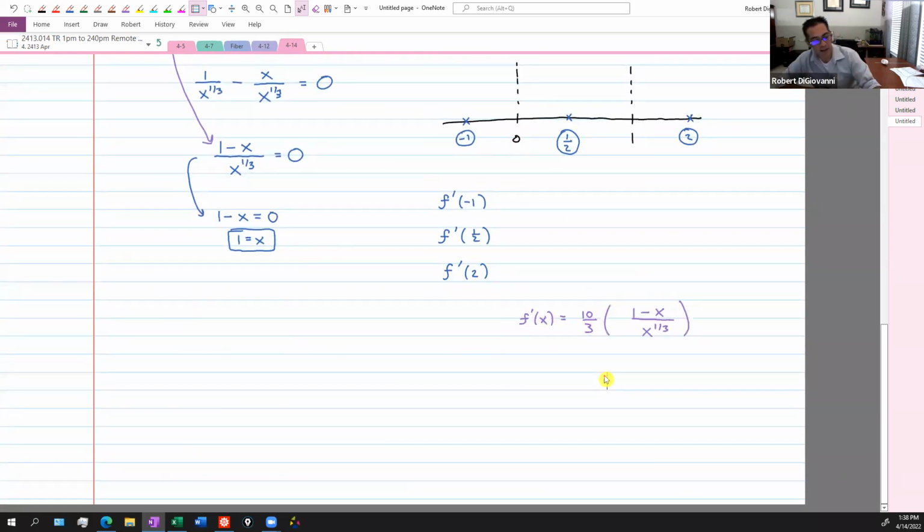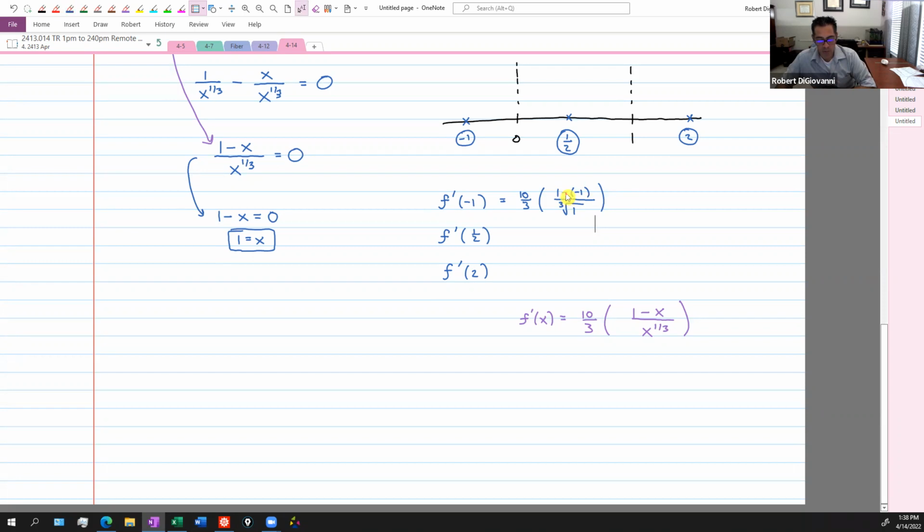All right, so let's plug in -1 first. So we get 10/3. 1 minus, careful, -1, that's going to be +1. And then on the bottom, I'm just going to write that as the cube root of 1. All I care about is whether or not that's positive or negative. What is it?